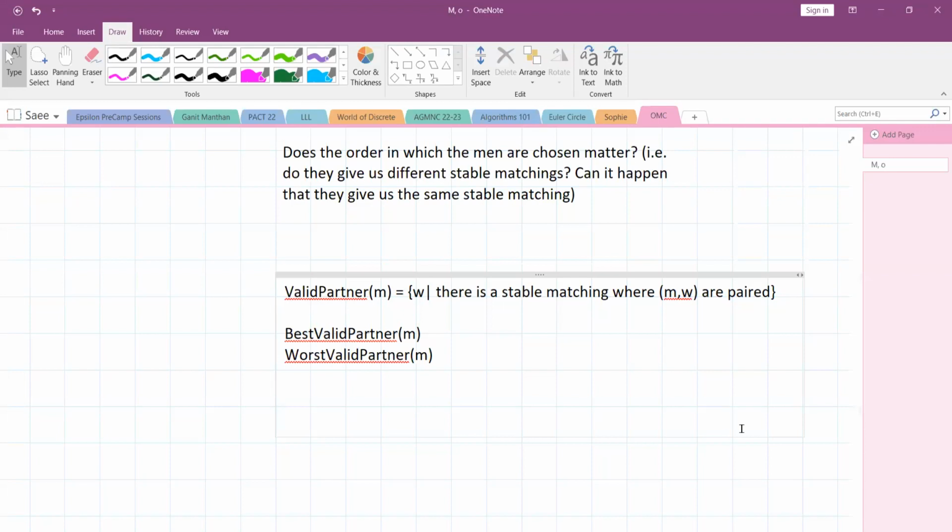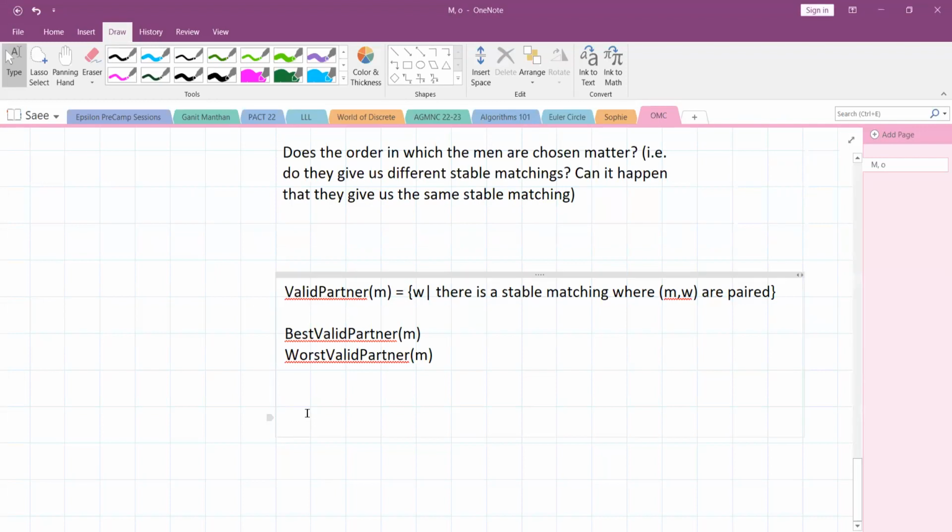Gale-Shapley, no matter what order you take, always outputs this particular stable matching, which pairs a man with his best valid partner and a woman with her worst valid partner. Did that make more sense, Anya? Yeah. Okay, right.